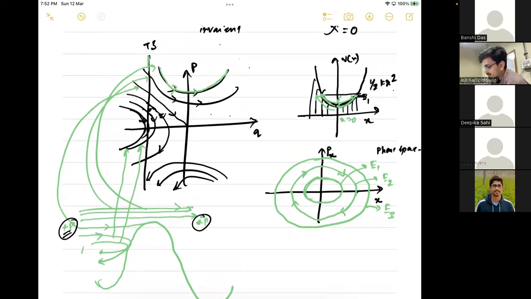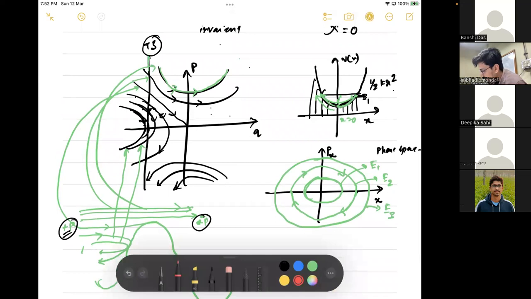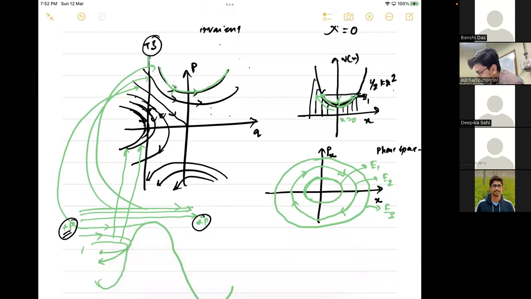So here if you draw the transition state here, according to transition state theory, all these trajectories will give product. All these trajectories, right? But what is transition state theory doing? Transition state theory is overestimating the rate, because actually only these trajectories are giving the product.